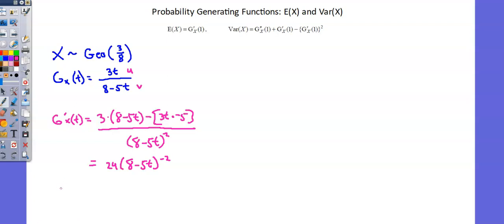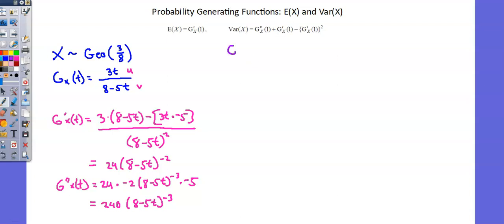And for the second derivative, 24, I'll multiply by the exponent of the binomial, negative 2 times 8 minus 5t to the power of negative 3, times the derivative of the inner function, negative 5, and I can simplify to 240 times 8 minus 5t to the power of negative 3. Notice in our formulae we want outputs for the first and second derivatives using an input of 1.